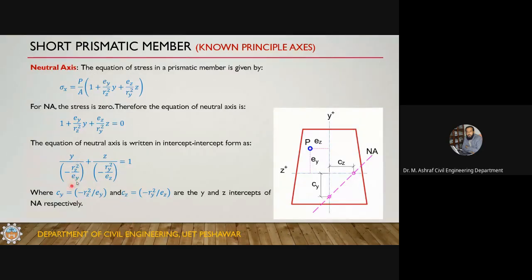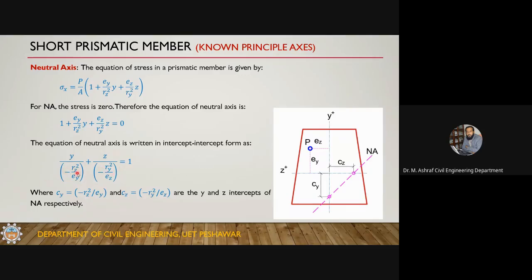This is known as the intercept form of the equation. This is the y-intercept and this is the z-intercept. You can calculate these intercepts using this equation: this is one intercept and this is another intercept.